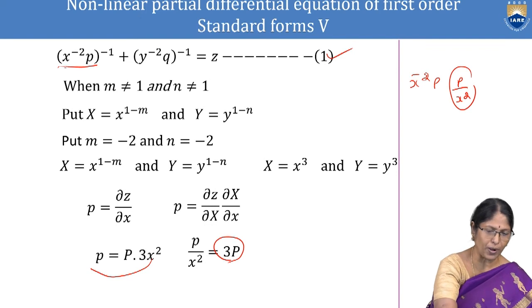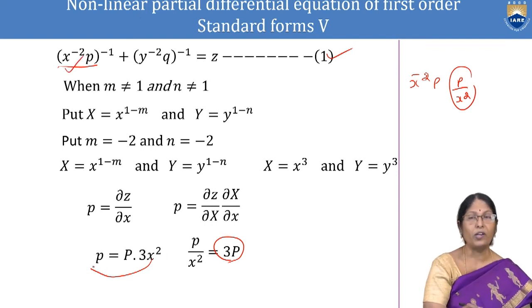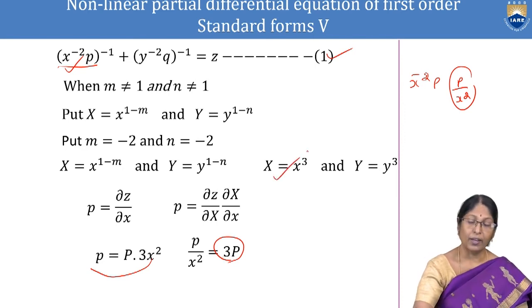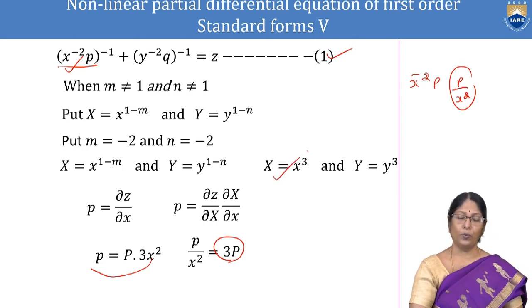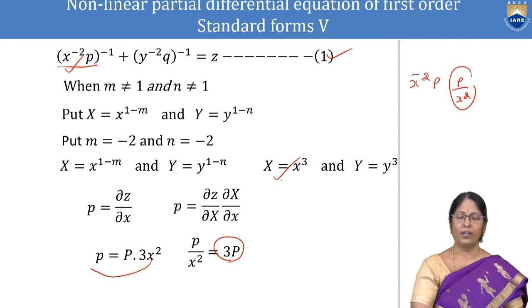So to replace here, we brought only the x square to the left side. The p by x square equals 3P. Now completely, capital X equals x cube. What are the steps, what are the treatments to be given for this? We completed that.